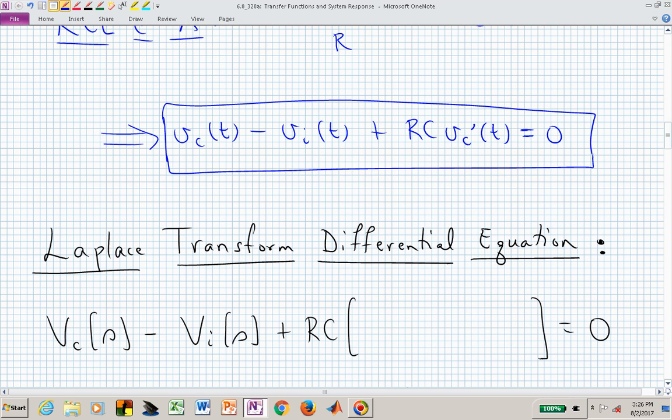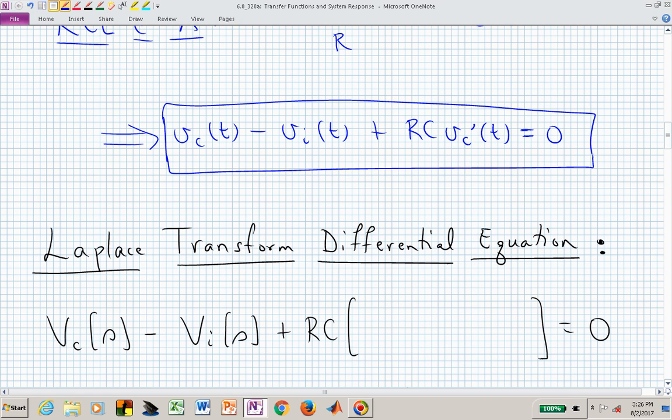Let's now Laplace transform this differential equation. V sub C of t, little v sub C of t, is an unknown, but we will be able to specify it, independent variable. So let's just say that we can find its Laplace transform, and we'll call that capital V sub C of s.